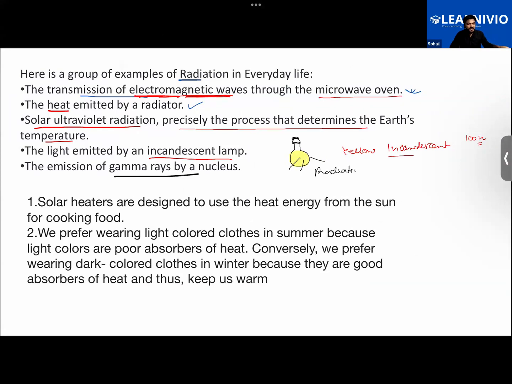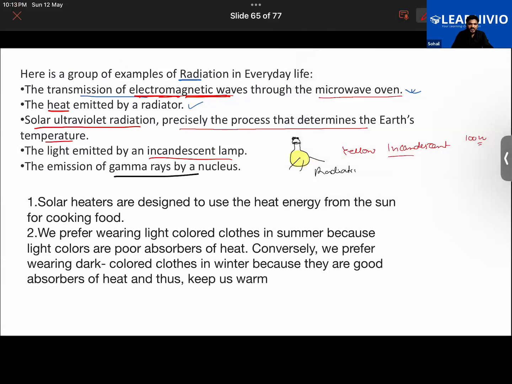Gamma rays are emitted by the nucleus. When you look inside the atom, you have the nucleus. When an atom is about to decay, it would be producing some very energetic rays.